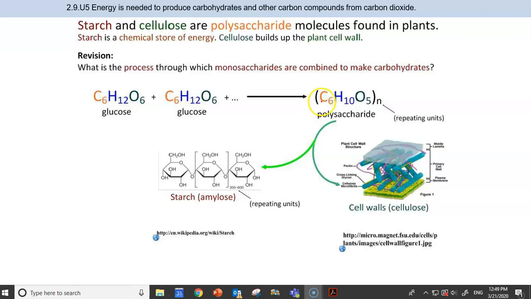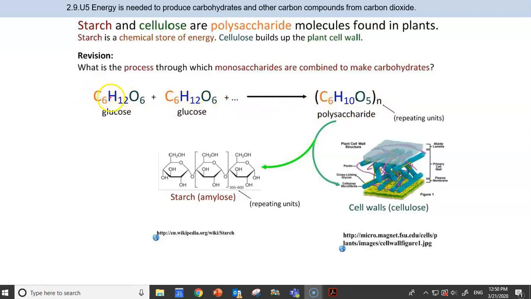Glucose molecules that will be produced by photosynthesis in plants can also be converted into other forms of molecules, which are bigger molecules.